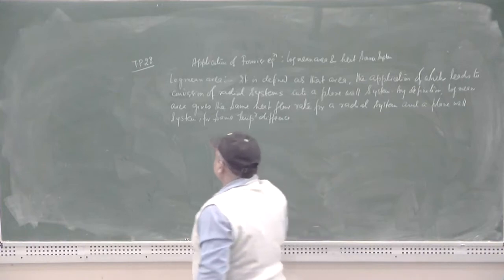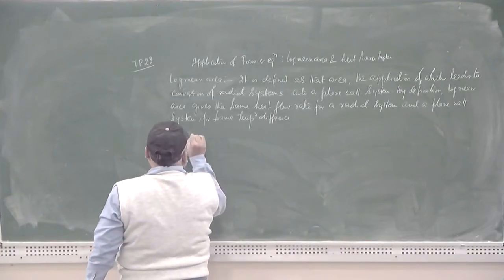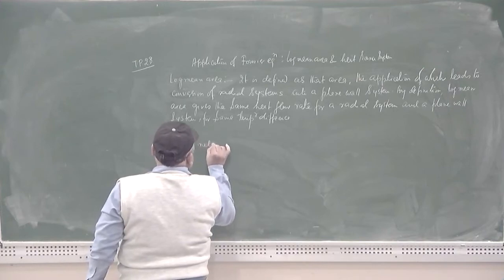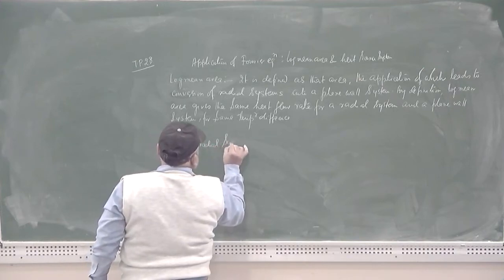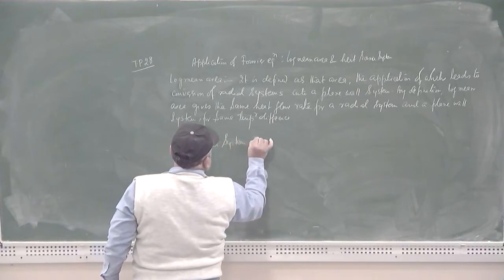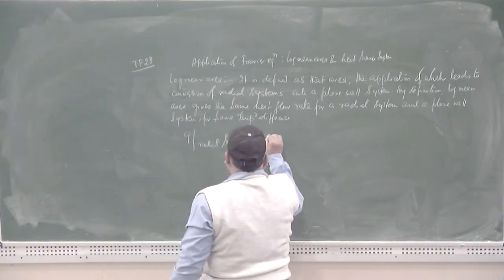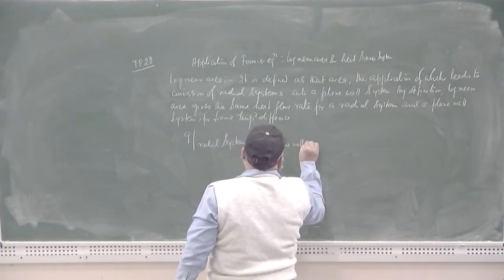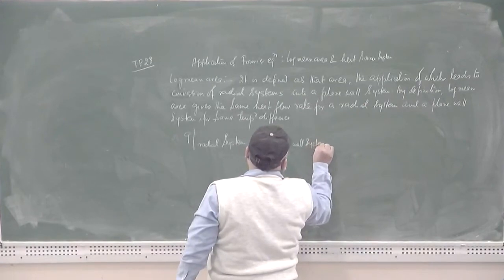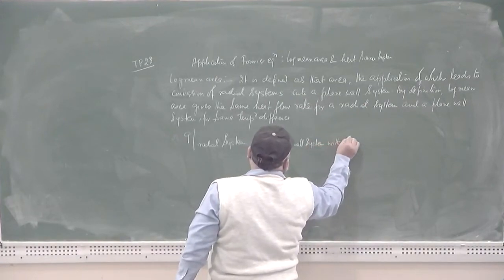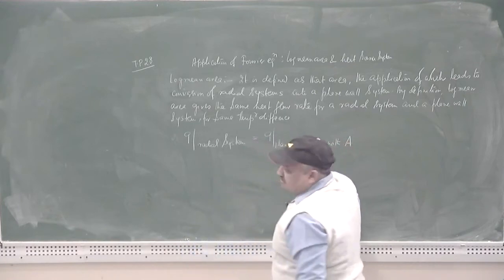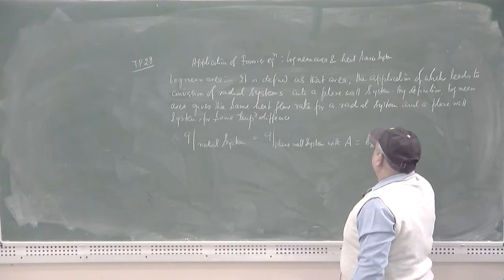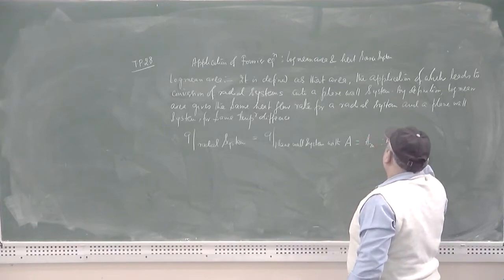The condition is the Q for this radial system that should be equal to Q for a plane wall system with this area of the plane wall system needs to be replaced with AM, that is the log mean area, where AM is the log mean area.